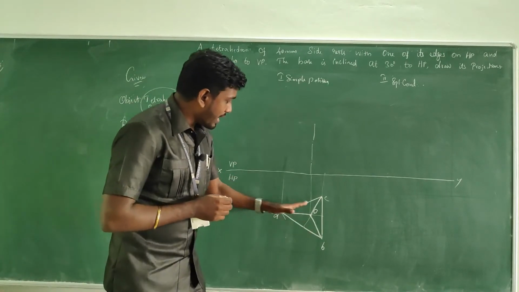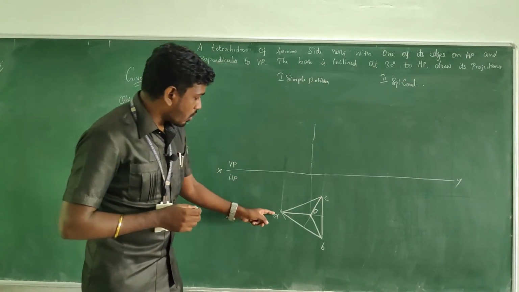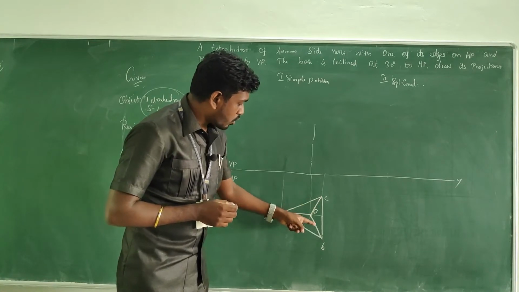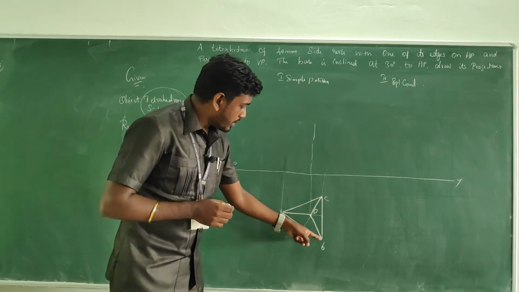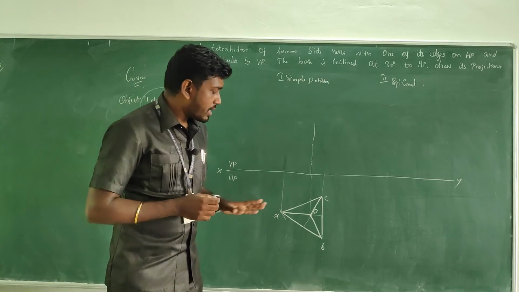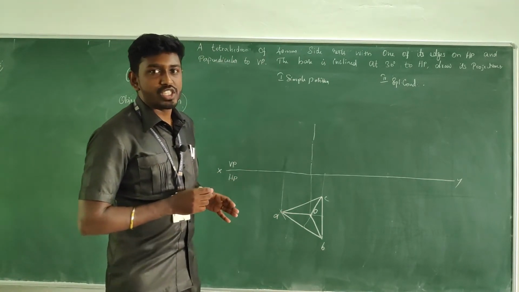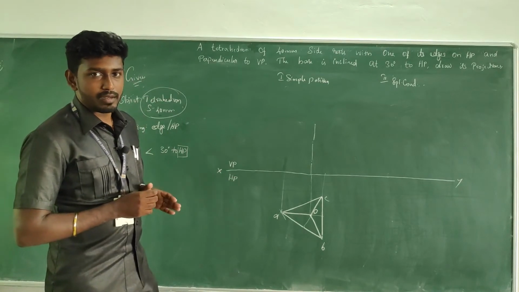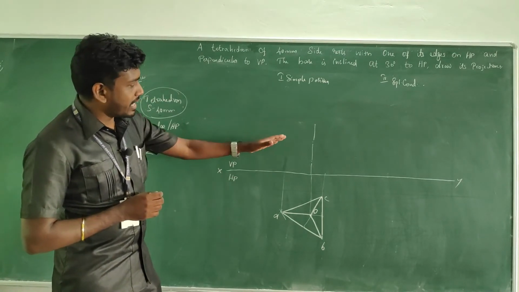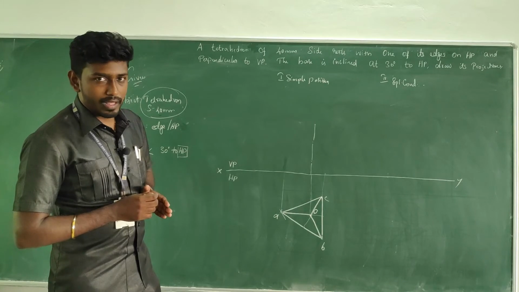In the top view we have the edges A to O, O to C, O to B, then C to B, B to A, A to C. All are the edges. We have to check whether each is parallel. If it is parallel, then in the front view it shows the true length.